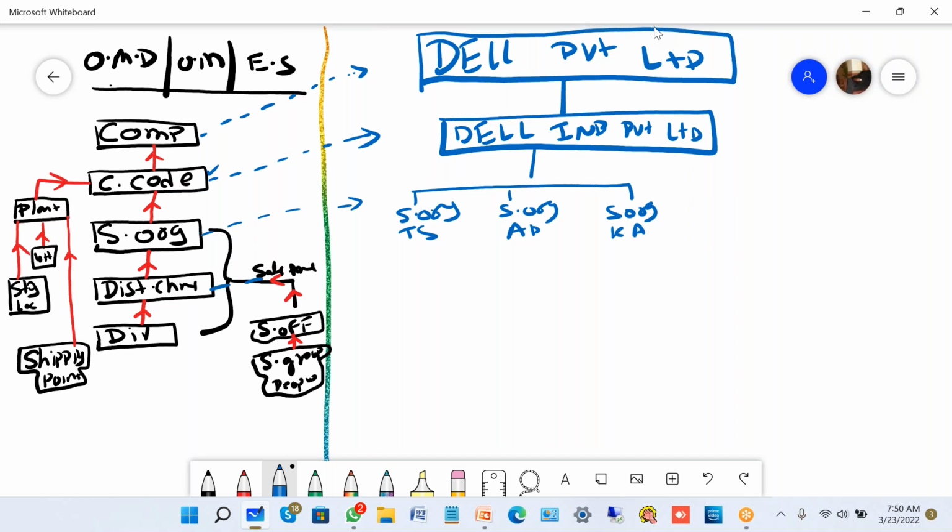Now distribution channel is all about outlets. Who are the distribution channels? For example, I take Telangana. Reliance Digital, he's a distributor, or I say DC1.